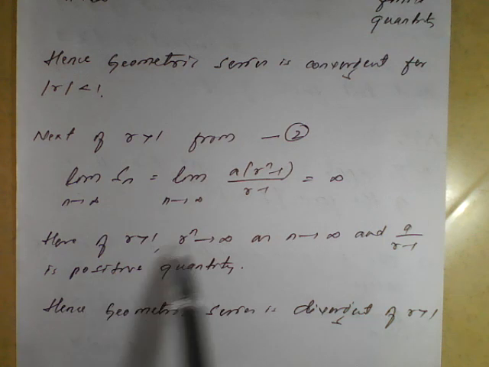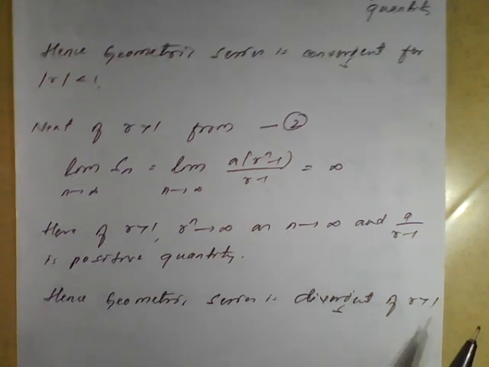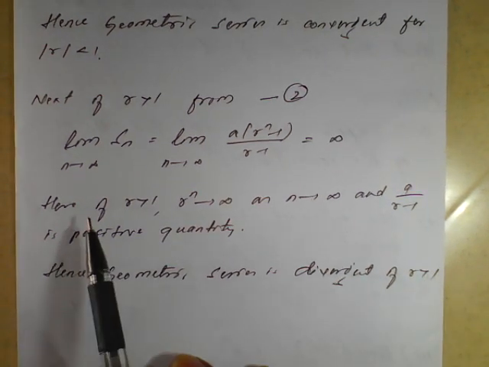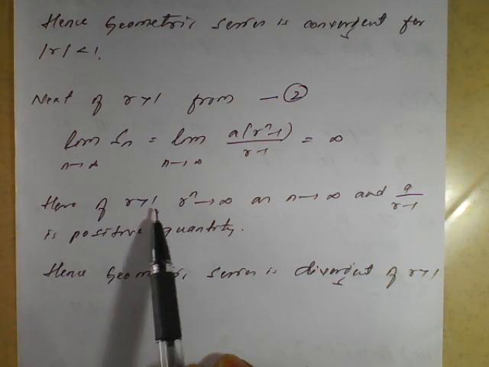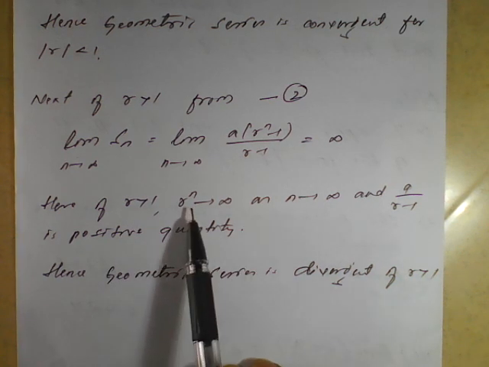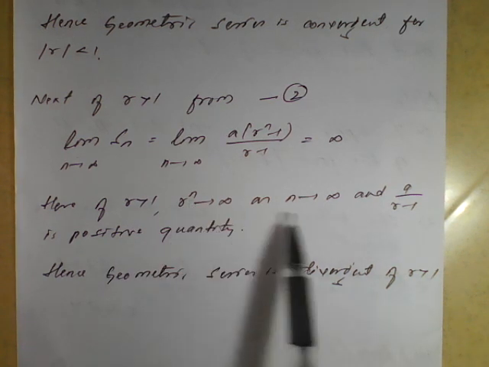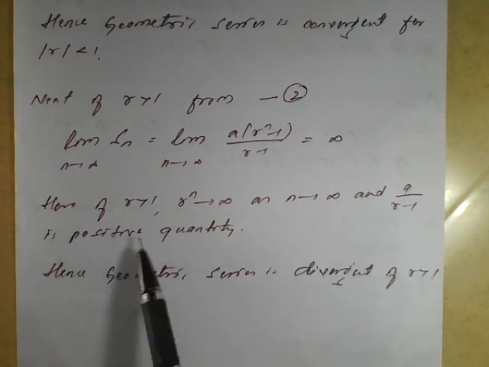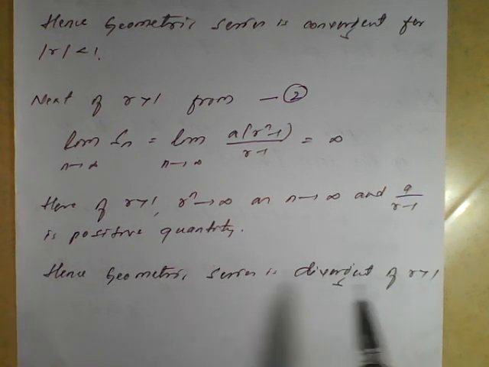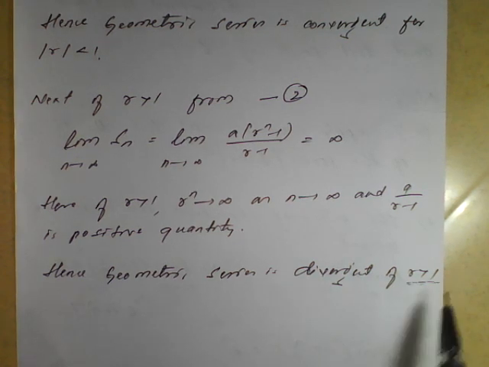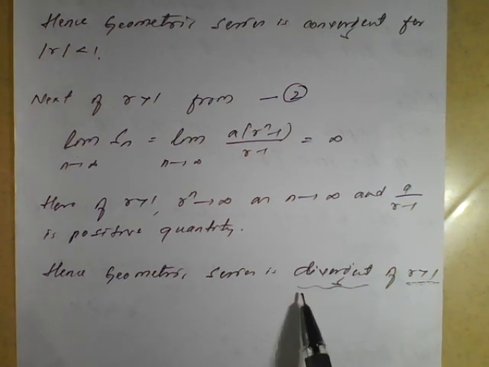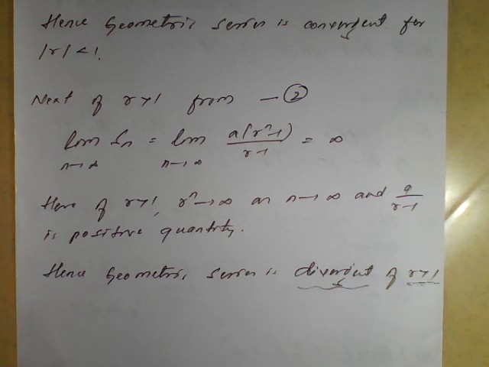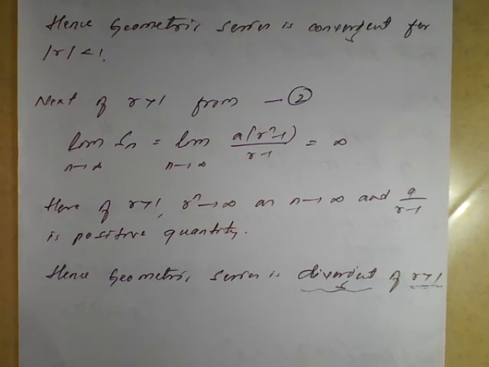So this result is going to be divergent. Hence, R raised to n tends to infinity, and A upon R minus 1 is a positive quantity, so it turns to divergence. So these are a few basic concepts of infinite series in the form of divergent and convergent.